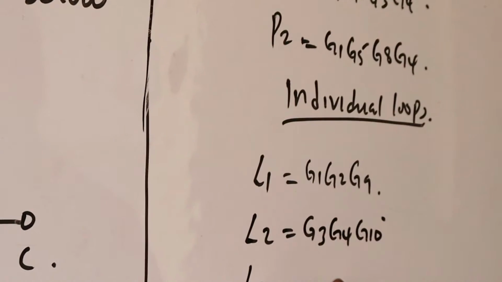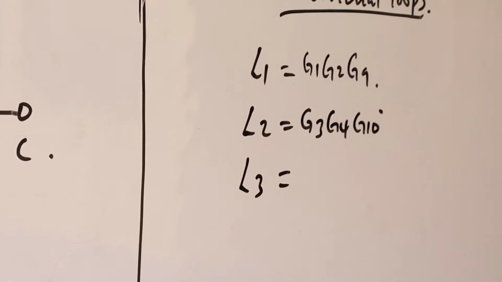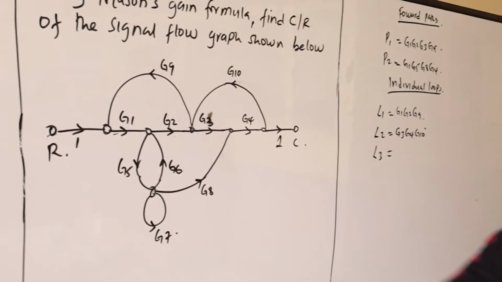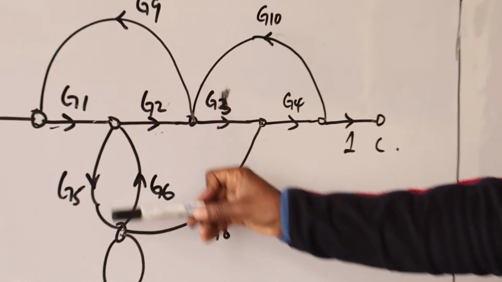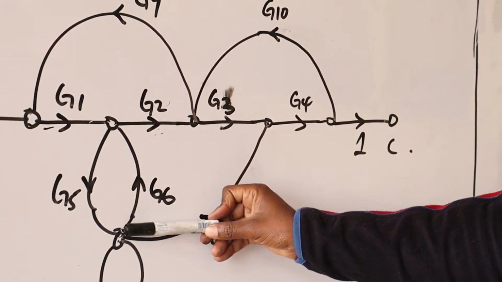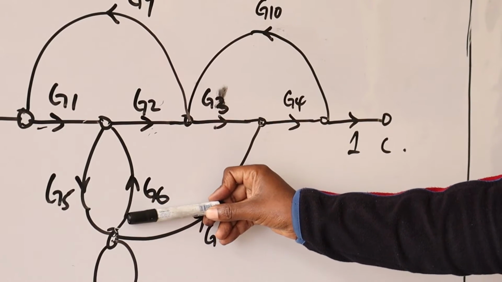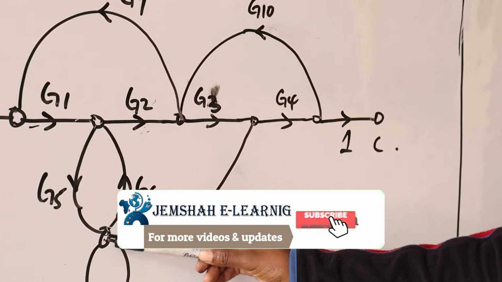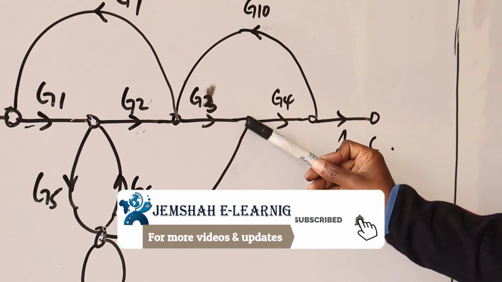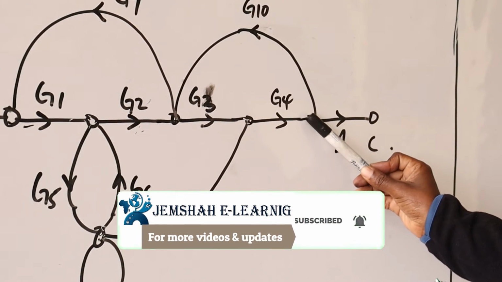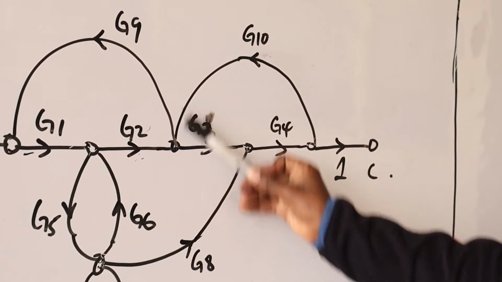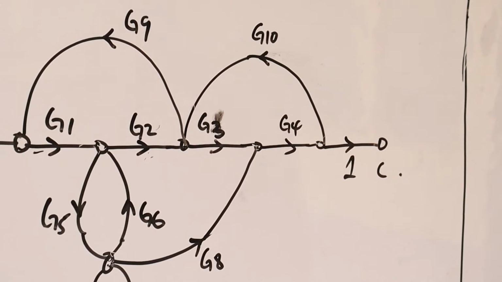We can talk of the third loop. We can see that there is a third loop, that is G1, G5, G8, G4, G10, coming back through G9.